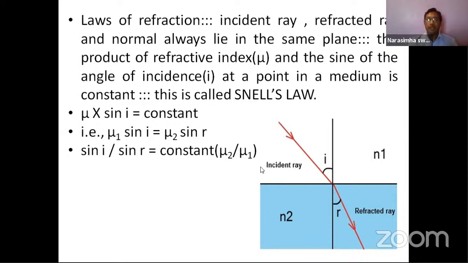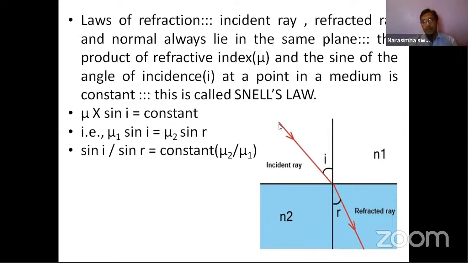The refractive index of this medium is mu1, and in this medium the light ray makes angle I. Then mu1 sine I is equal to mu2 sine R, where refraction takes place in another medium whose refractive index is n2 and the angle is R. So the ratio of these two gives a constant.